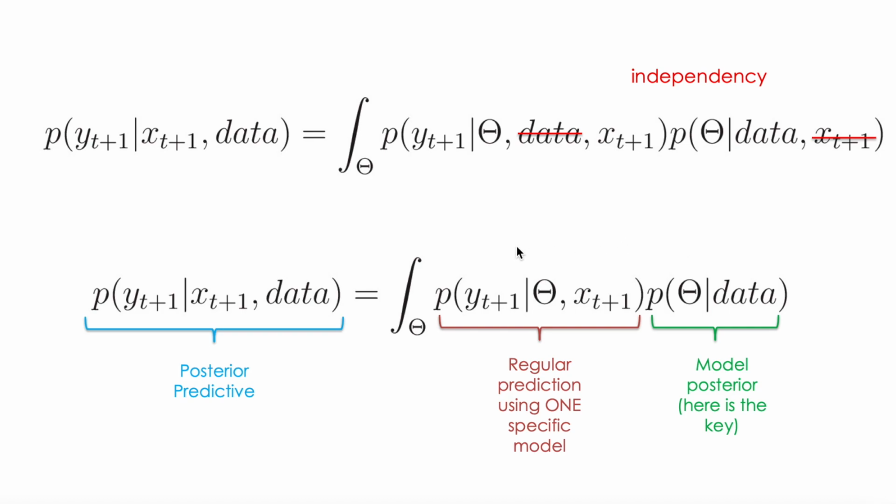But whenever we predict with a theta that has high probability, then that prediction is going to weigh much more in our posterior predictive. This is key to understand. Our final distribution, or posterior predictive, goes over the predictions using all the possible models, and each of the predictions has a weight telling us when to believe the model more or less. And that is governed by the model posterior.